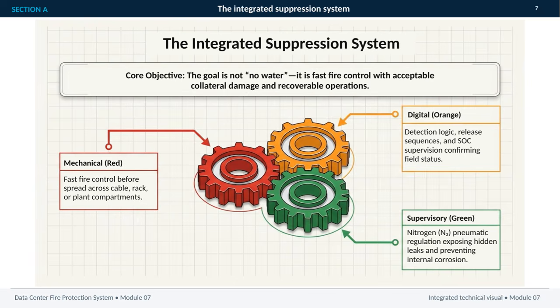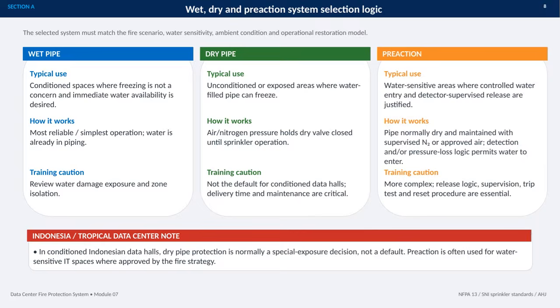Together, these layers form one coordinated system rather than 3 separate functions. Mechanical control handles the physical event, digital systems manage detection and release, and supervisory controls help maintain system integrity over time.